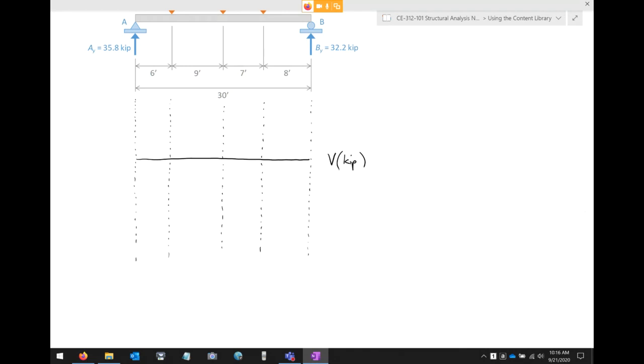One way is you could use different color pencils, like a black pen for the horizontal line, and then maybe a blue pen or blue pencil to actually draw the shear diagram, so you would know that's the 0 line, and everything else is the shear diagram. Another simple trick is to put some tick marks or maybe some arrows on the 0 line, just so that you know that's 0.